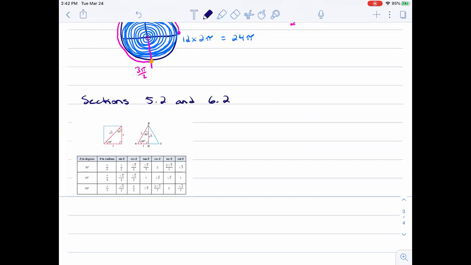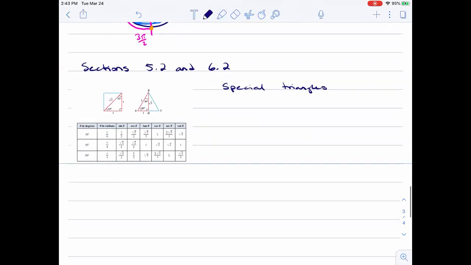This is more 5.2, but here we're going to talk about special triangles to find key trigonometric values.